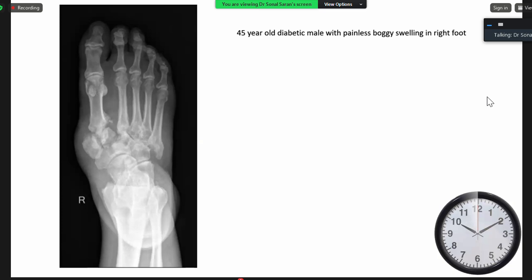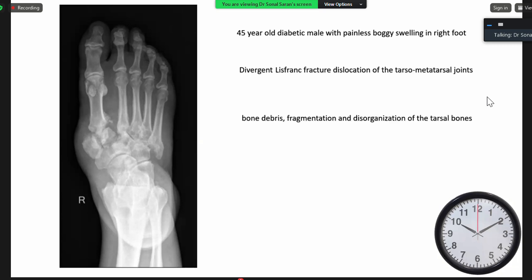And we can see destruction over here. So we have a divergent Lisfranc fracture dislocation in the tarso-metatarsal joint. We have bony debris, fragmentation, and disorganization of the tarsal bones. All this with the history of diabetes goes in favor of Charcot neuroarthropathy with Lisfranc fracture dislocation.